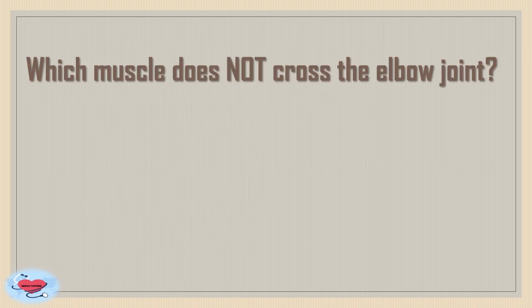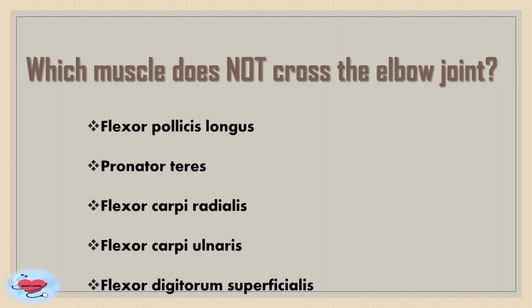Which muscle does not cross the elbow joint? Options are flexor pollicis longus, pronator teres, flexor carpi radialis, flexor carpi ulnaris, flexor digitorum superficialis.